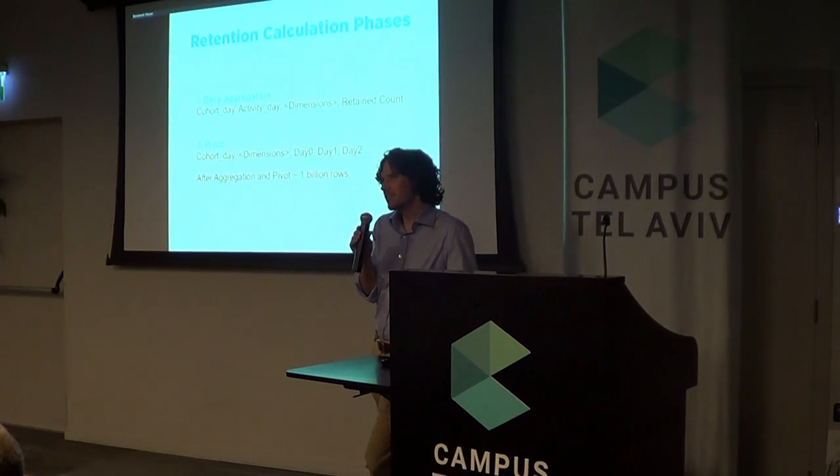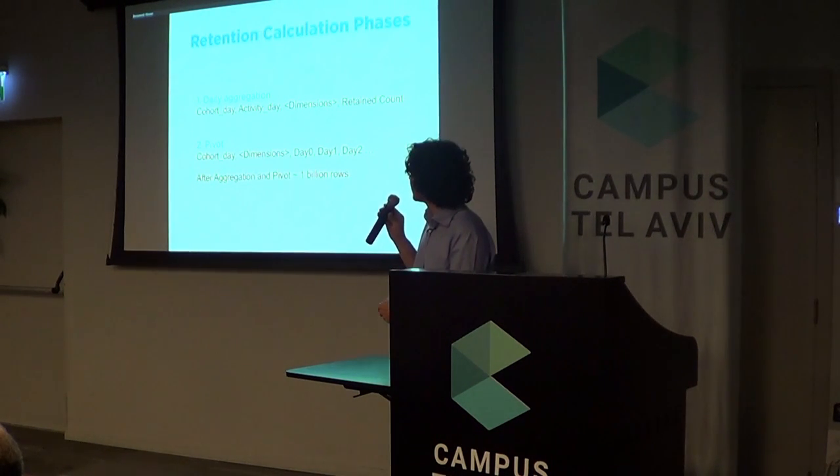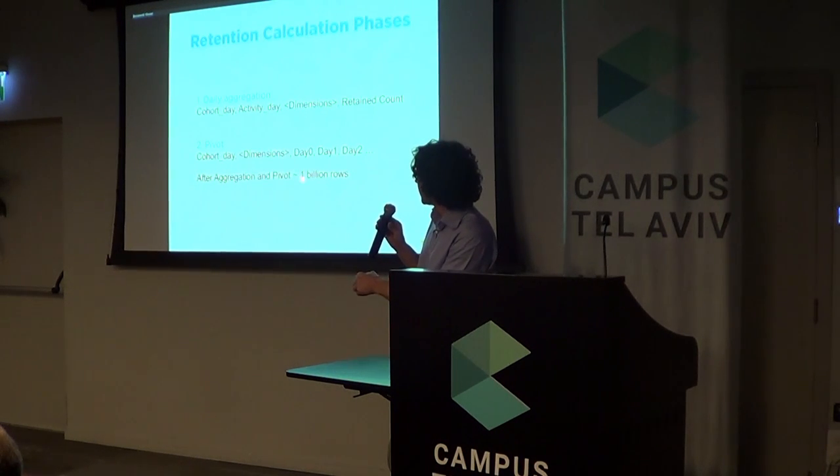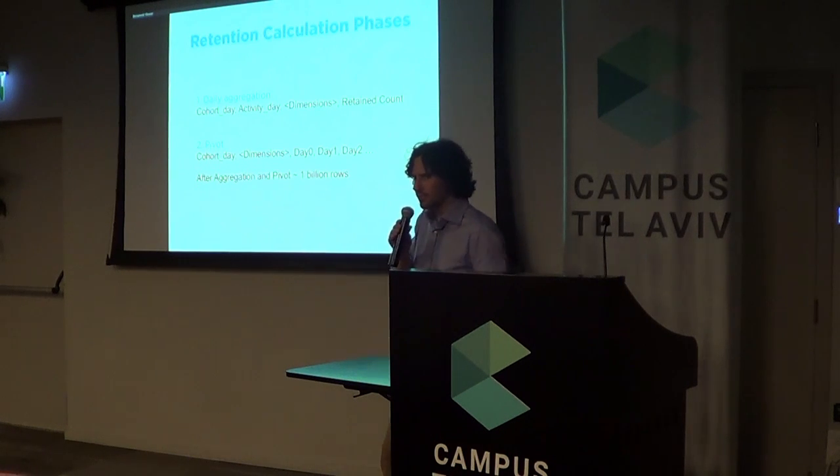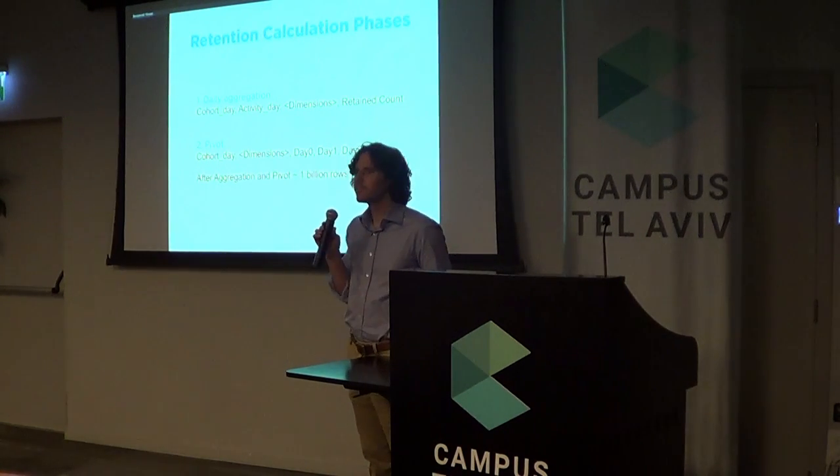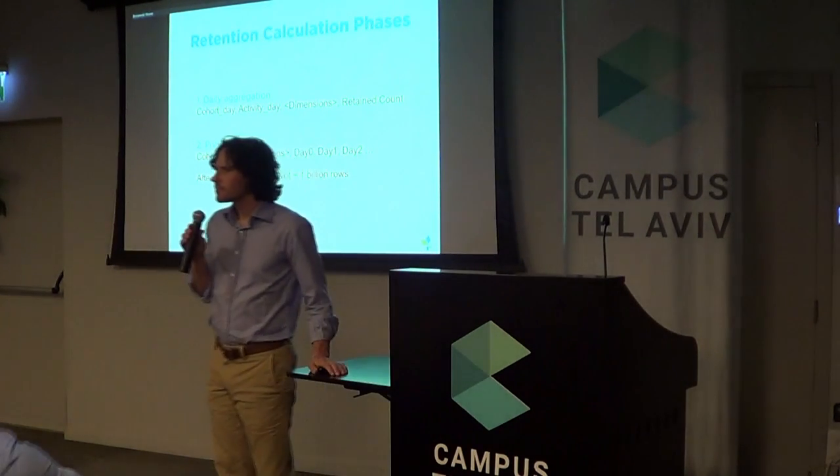Yeah, the retention goes back to the beginning of time, which was May the 4th. I don't know in terms of gigabytes, but it's about 1 billion rows of this data. Per day? The dimensions, it's all the possibilities.